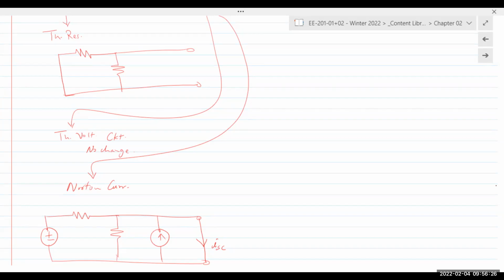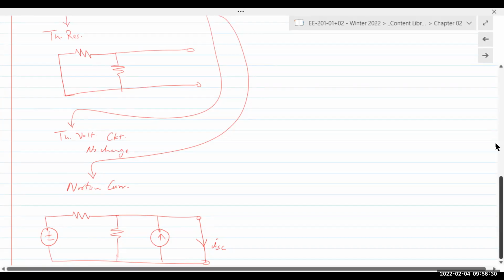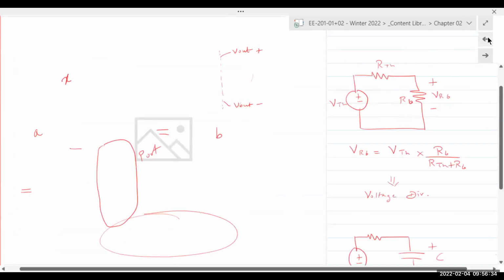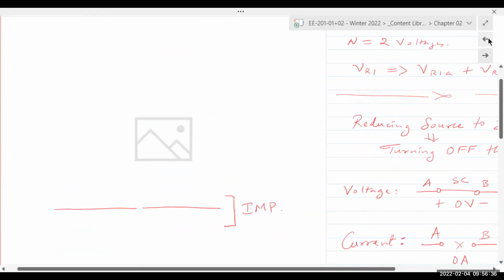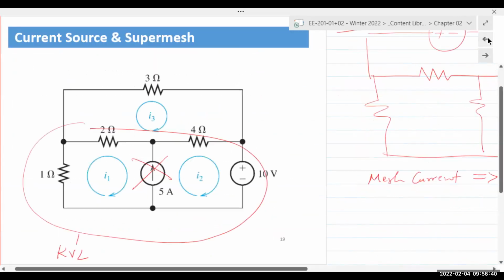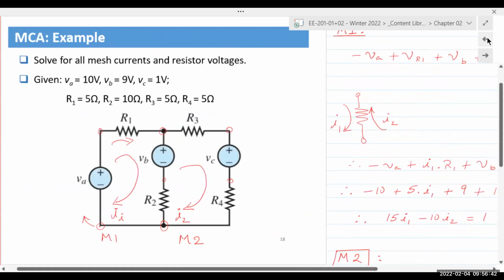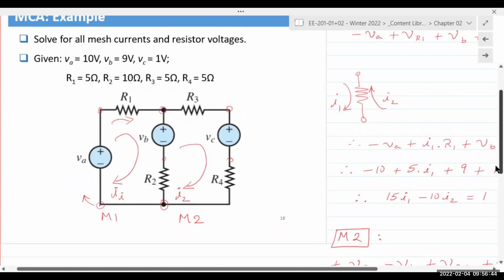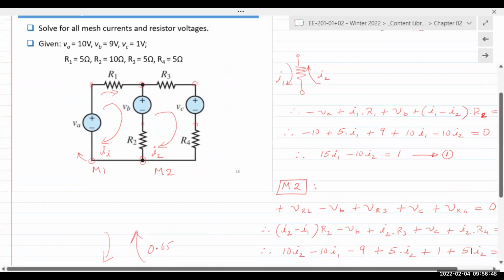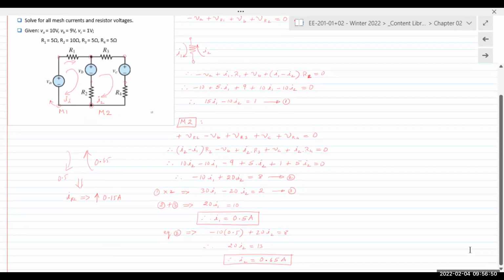Now, that was just a homework problem. I still have a few minutes, so let's look at a circuit from earlier in this chapter. This was superposition. Let's look at this one. This one's quite interesting. 3 voltage sources and 1, 2, 3, 4 resistors.